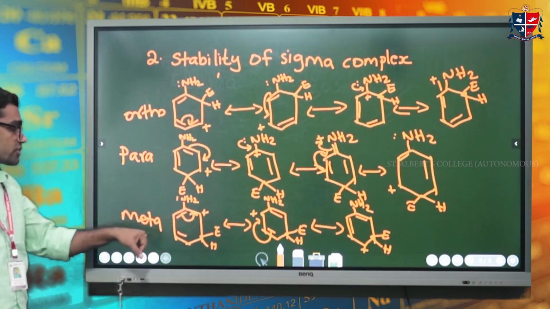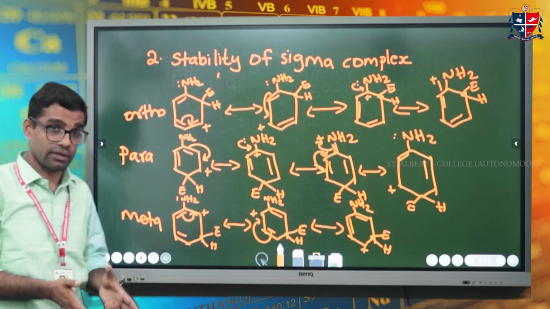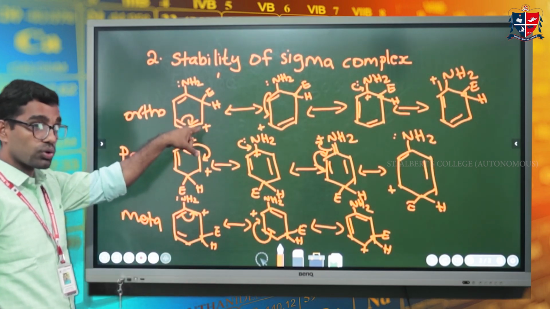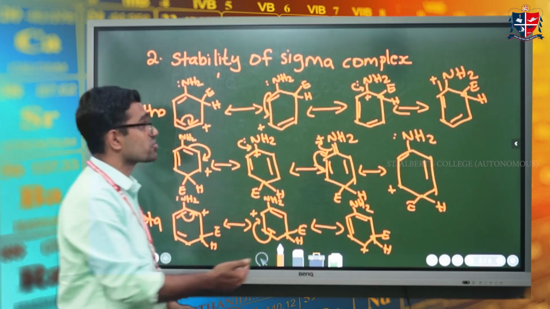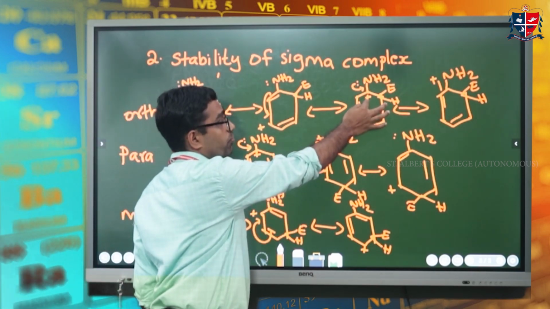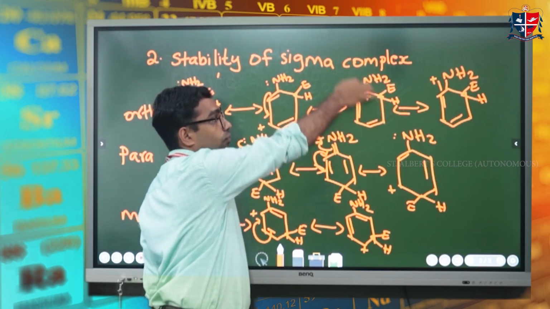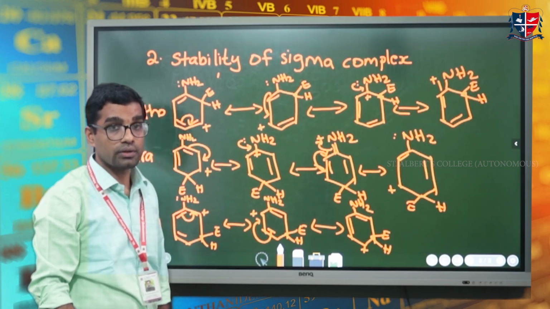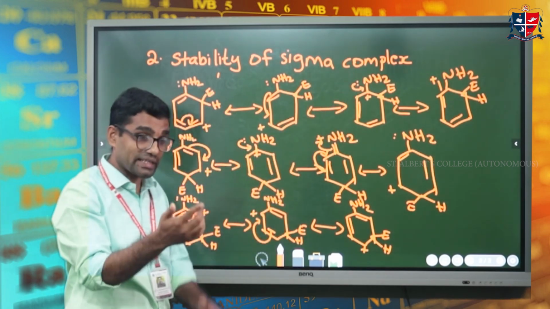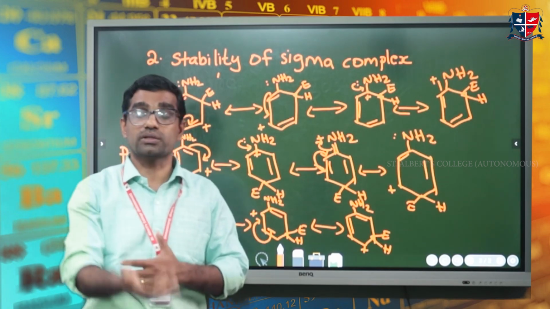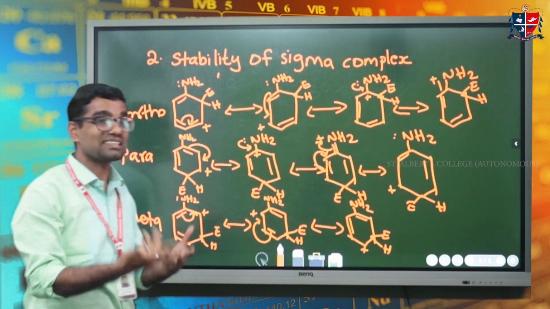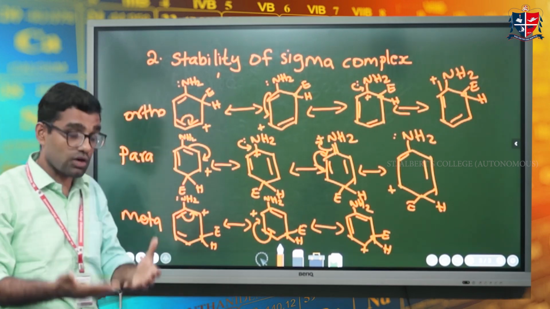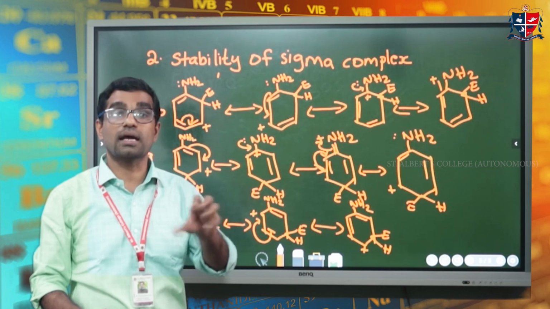These are the resonating structures in the case of meta attack. In the meta attack there are only three resonating structures, while in the ortho and para attacks there is an extra resonating structure due to the positive charge on the carbon atom bearing the amino group, which gives extra stability to these two sigma complexes, the ones formed by ortho attack and para attack.